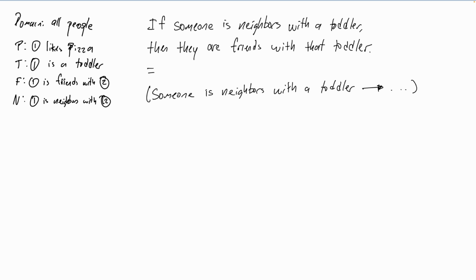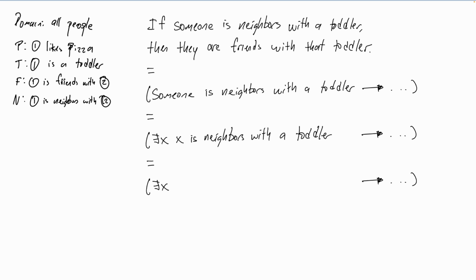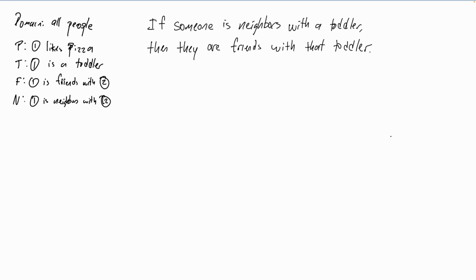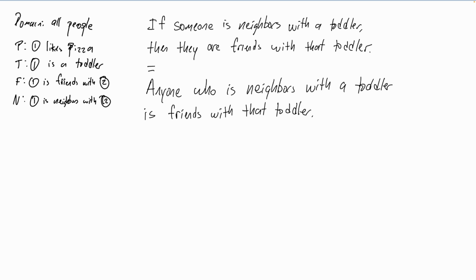And then you might start your translation by rephrasing that to there is some X such that X is neighbors with a toddler, which would then become there is an X such that for some Y, Y is a toddler and X is neighbors with Y. But then as you continue to read the sentence, it says, then they are friends with that toddler. So what the sentence is really saying is just that anyone who's neighbors with a toddler is friends with that very toddler. So actually, this is most naturally seen as a statement of the form every F is G.